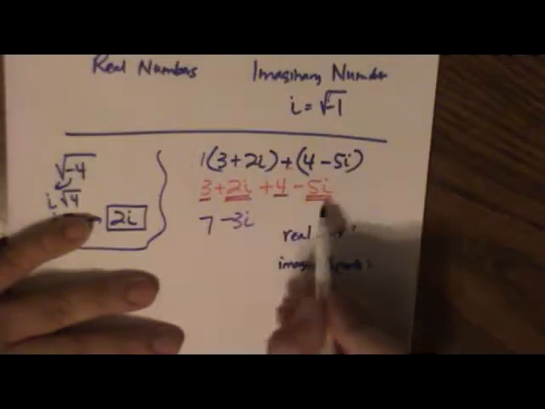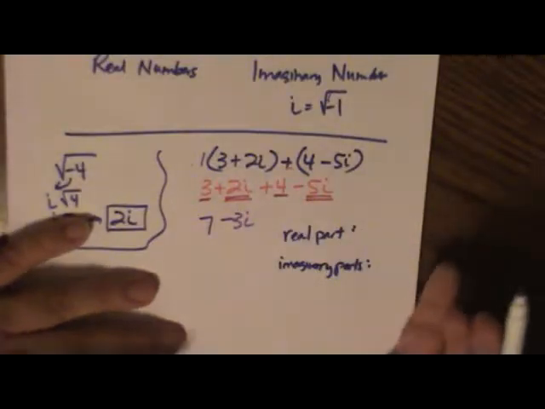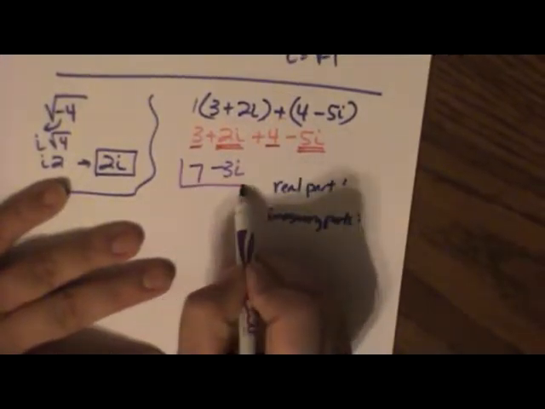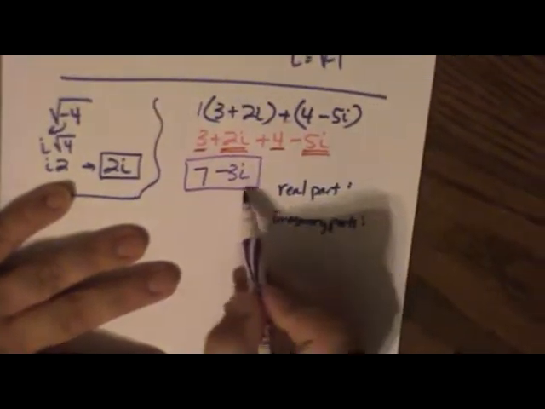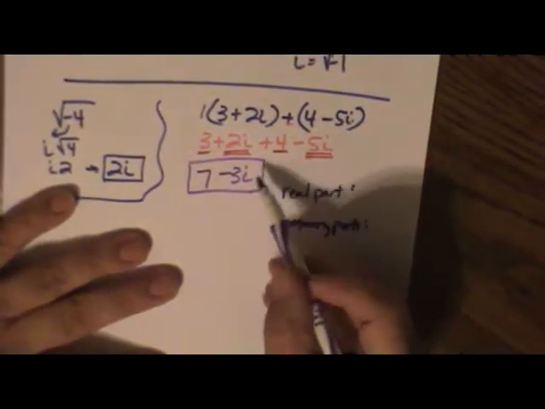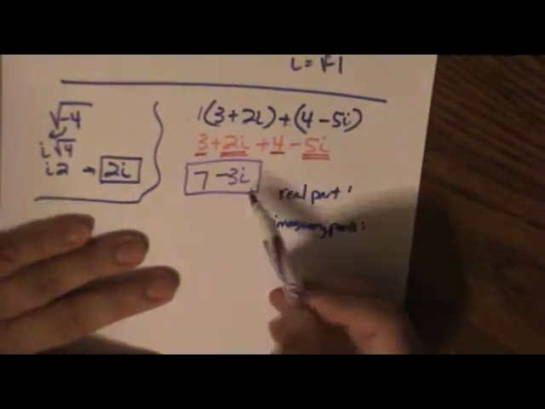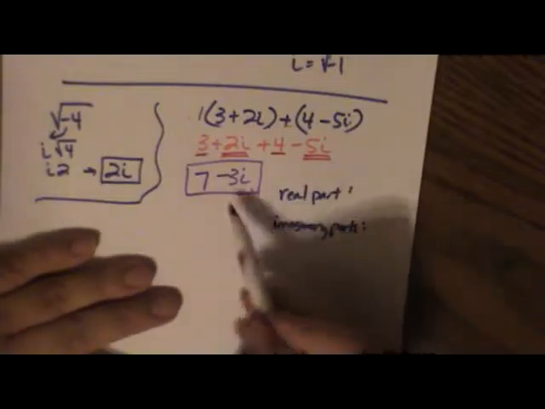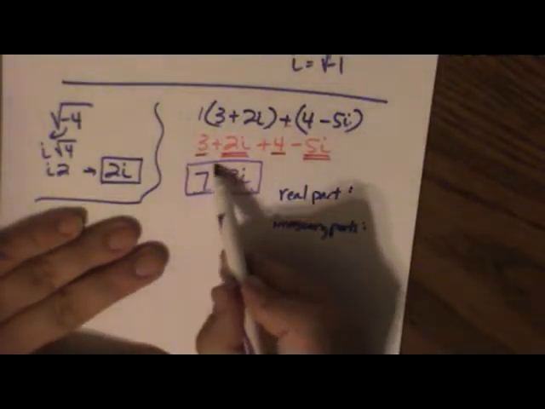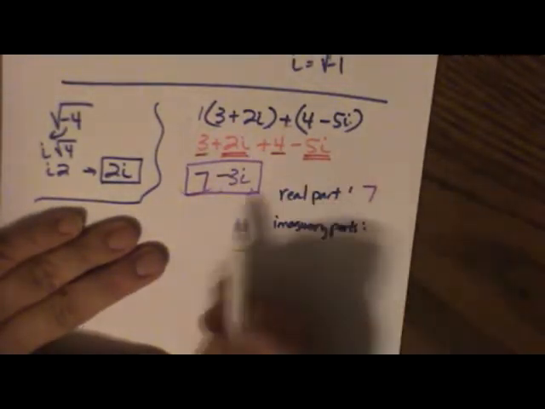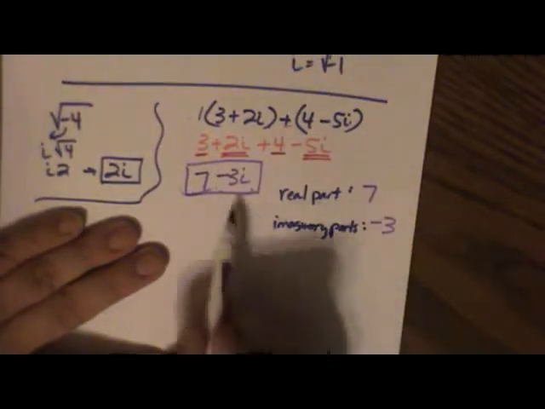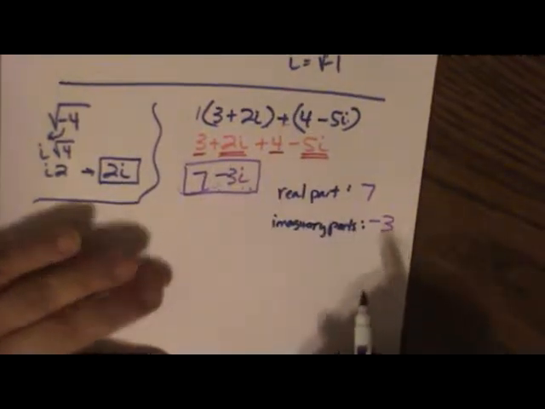In this case, the i just goes along like a tag, like our variable does. So when we simplify this, we get this. Our real part would be 7, and the imaginary part would be the -3, because the -3 is in front.